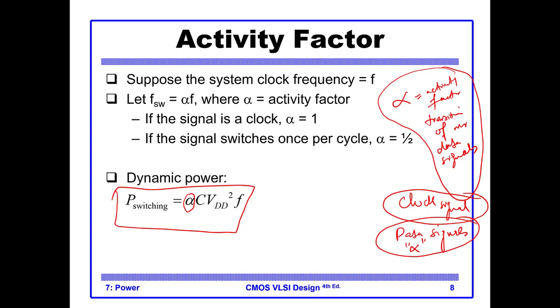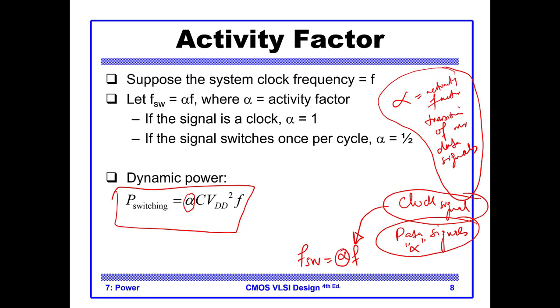So the switching frequency is alpha times F. This is our clock frequency, this is our activity factor, and this is our switching frequency.